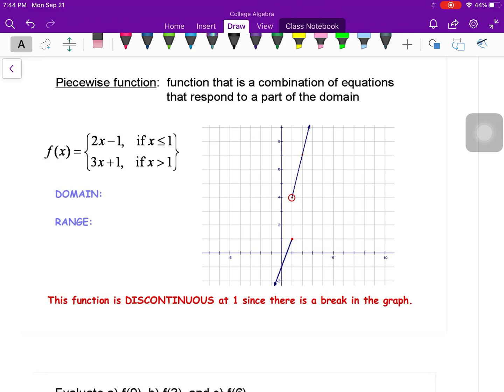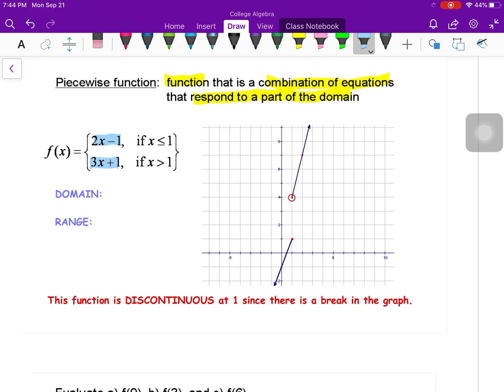Right? A piecewise function is simply a function that is a combination of equations, and they correspond to a certain domain. So it's called piecewise because there is more than one piece. If we look at just the symbolic form, we see there are two pieces.